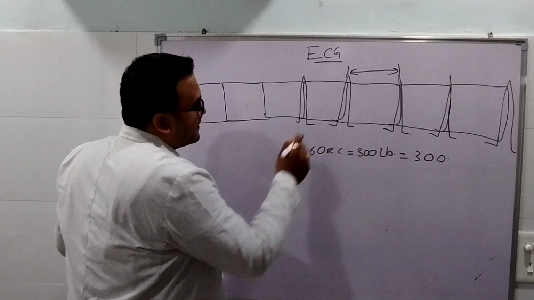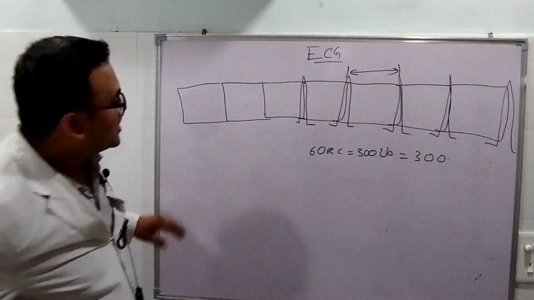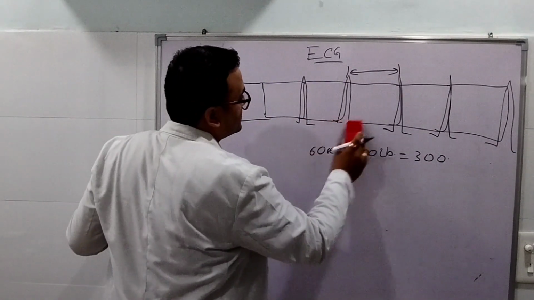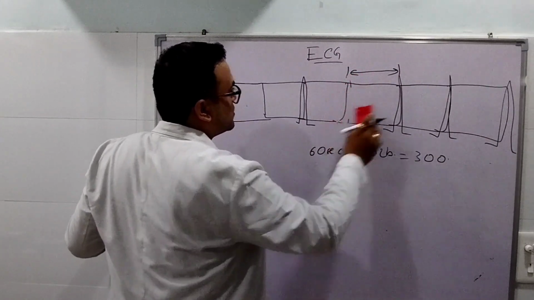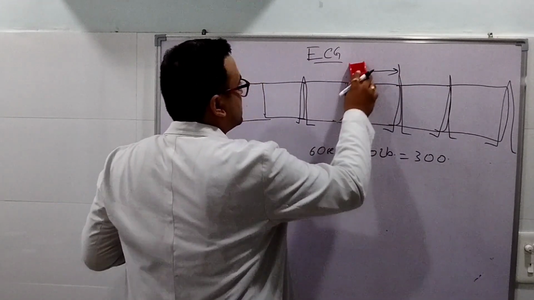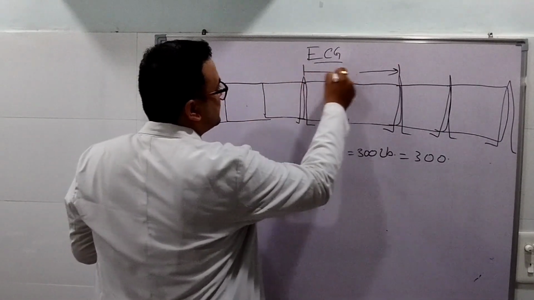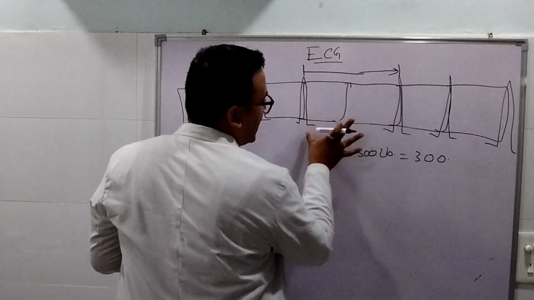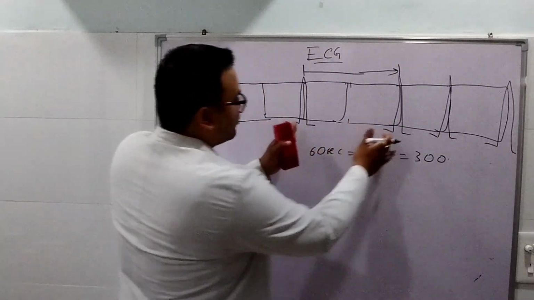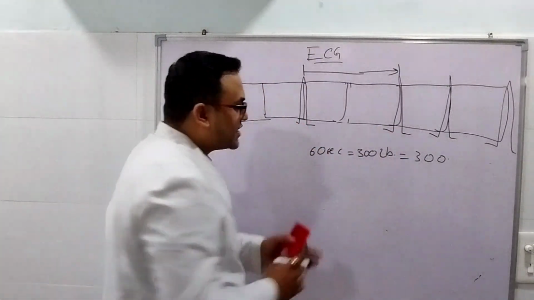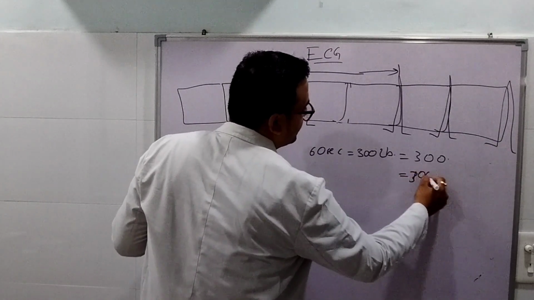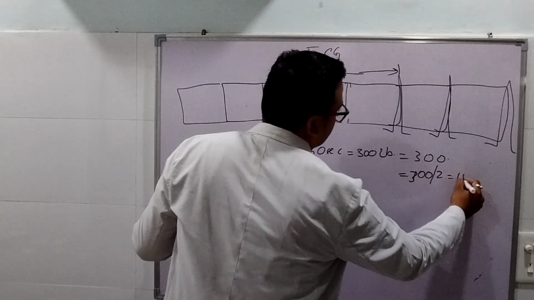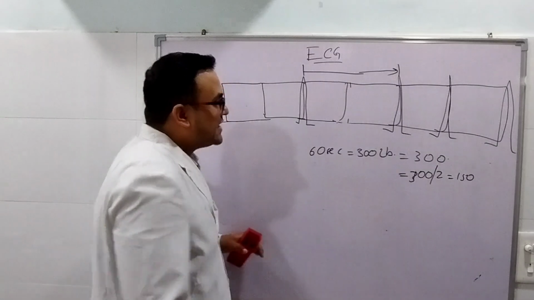If you are getting a QRS complex in every two large boxes, then the heart rate will be 300 by 2, that is 150, and so on.